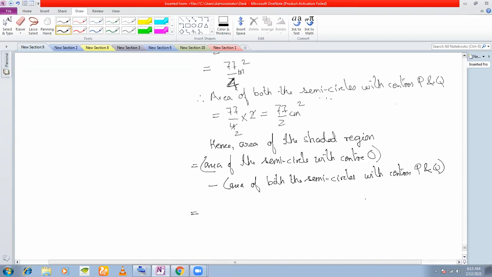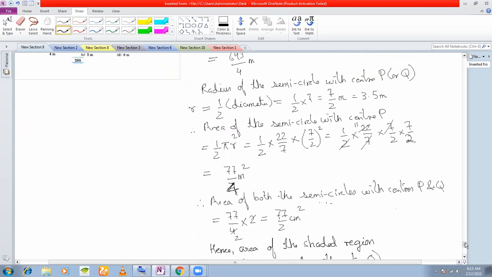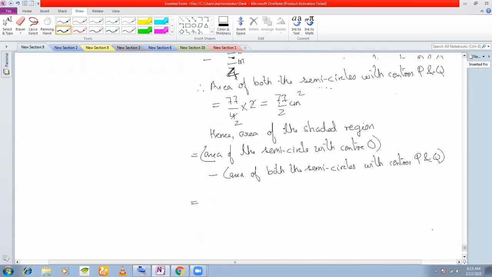Okay, now just put the values. What is the area of the semicircle we found with center O? We found it to be 693 by 4. So this is 693 by 4. And area of both the semicircles we found out to be 77 by 2. So minus 77 by 2.